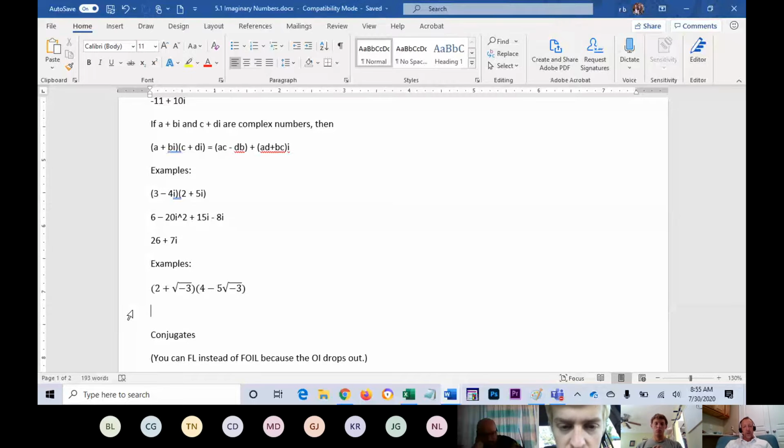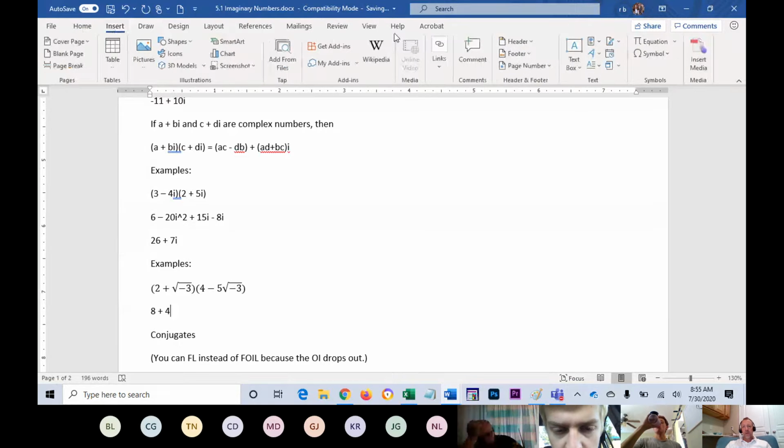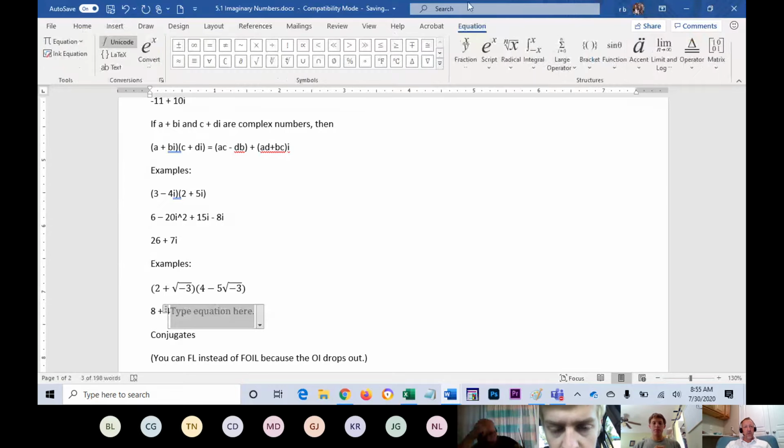Okay. So 4 times 2 is 8. And then I've got plus 4 square roots of negative 3.